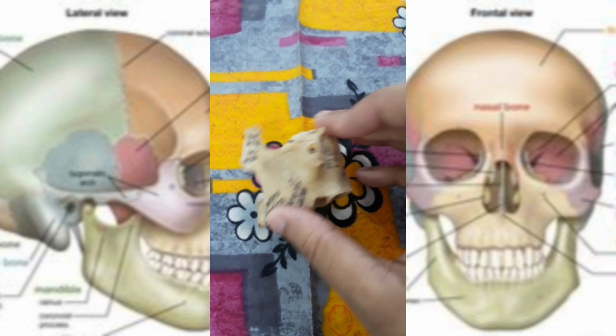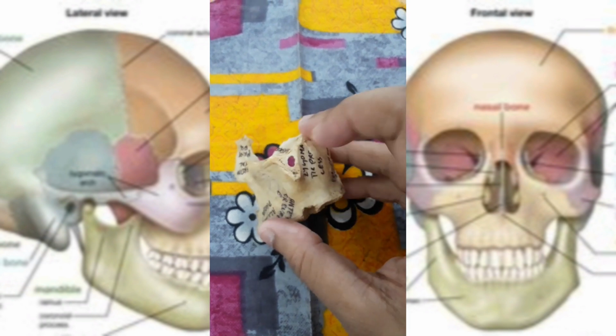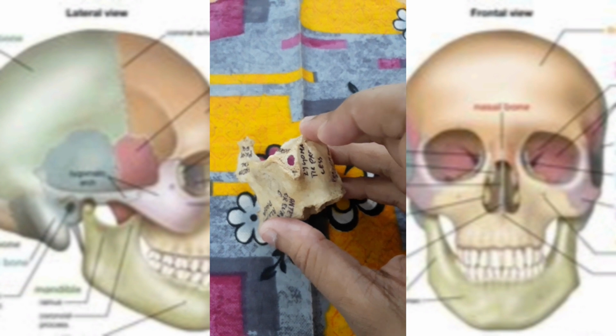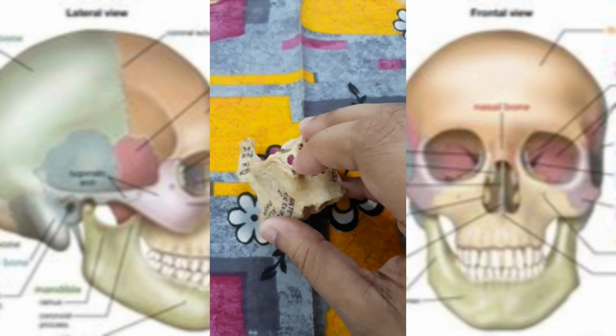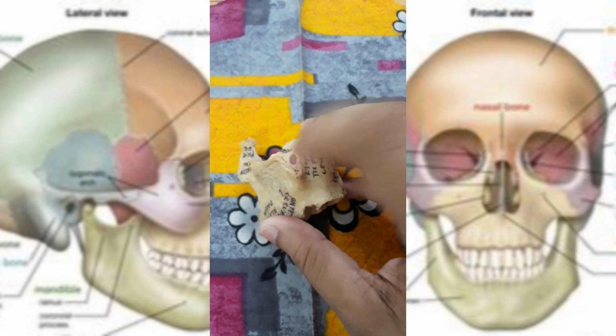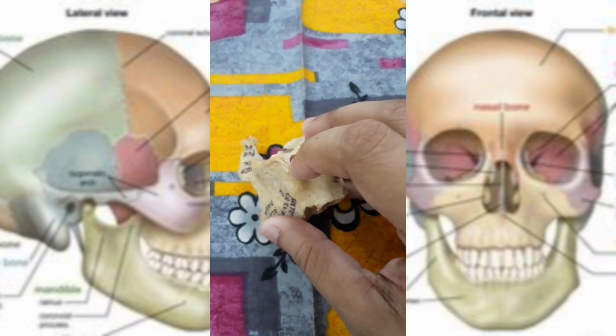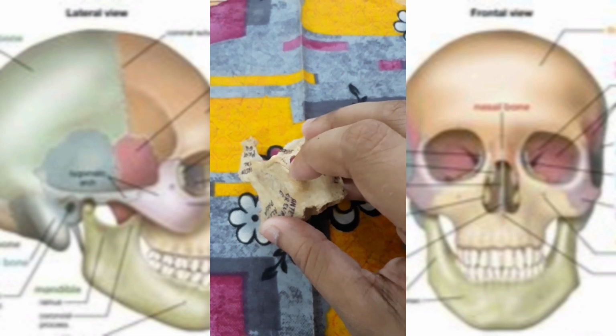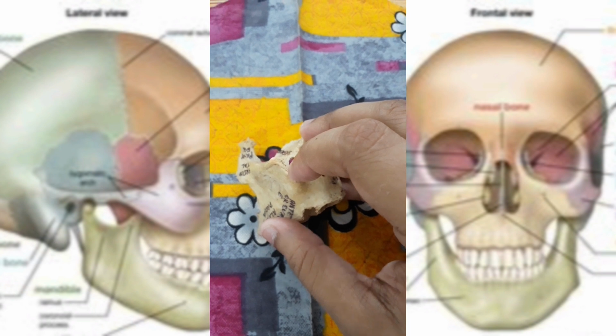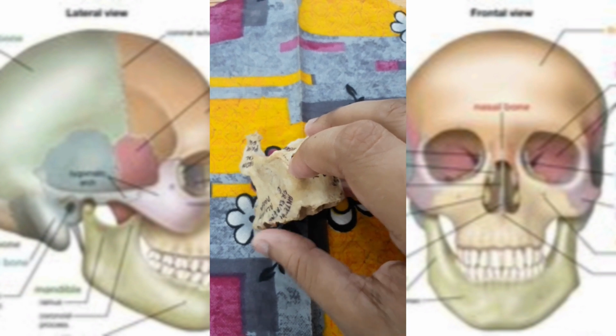Above the canine fossa there is the infraorbital foramen, which transmits the infraorbital nerves and vessels.